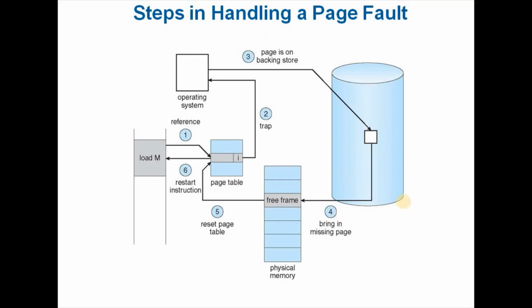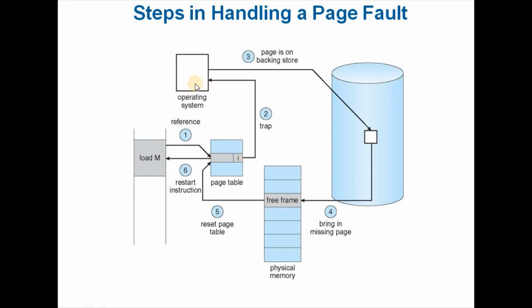Okay, here we can see the pictorial representation of how to handle a page fault. First, there is a request and there is a reference. So this is the page table, and here we can see that this is an invalid entry and it is a page fault. So the system will generate a trap to the operating system.